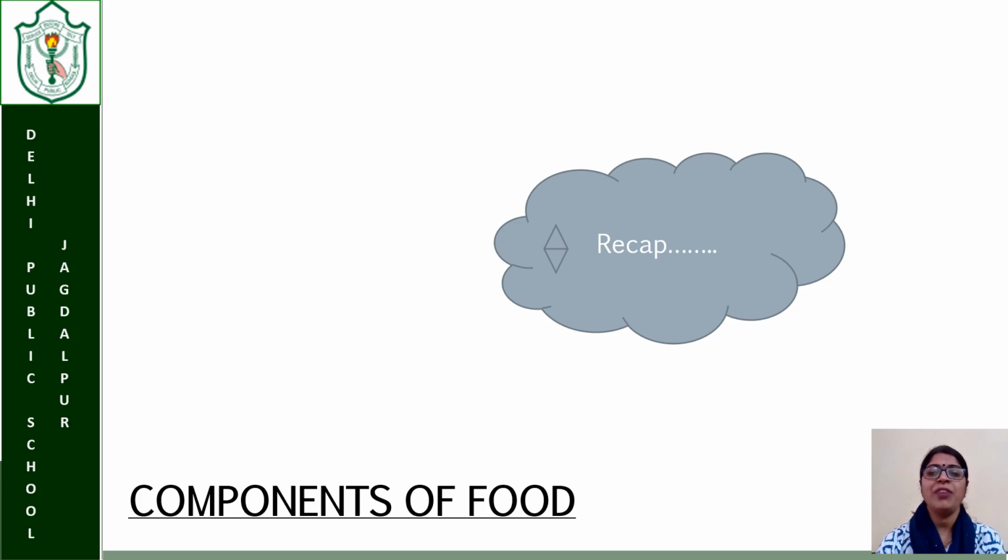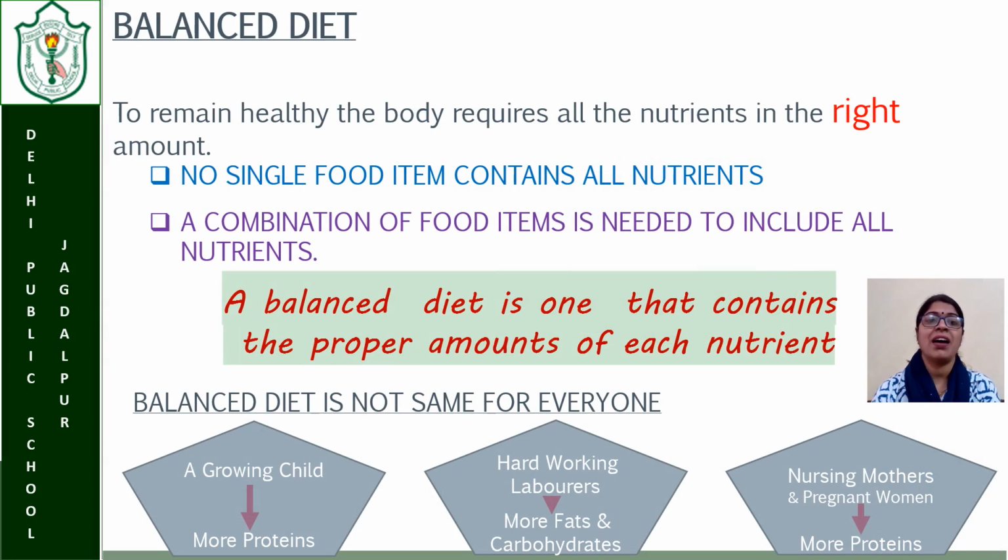So today we are going to begin our new topic, that is balanced diet. Till now, in the lower classes, you must have studied the meaning of balanced diet. A balanced diet means the diet which has all the nutrients in the right amount that your body needs.